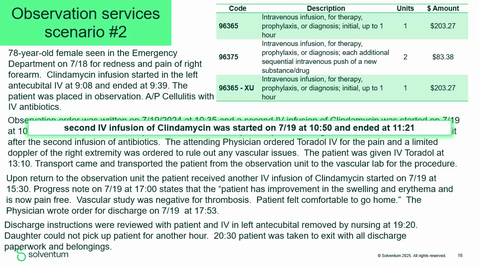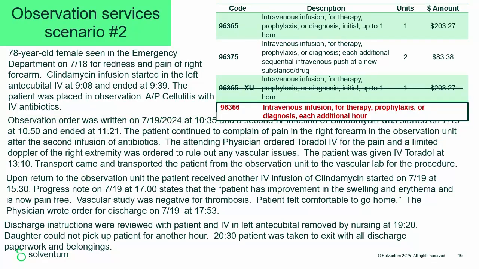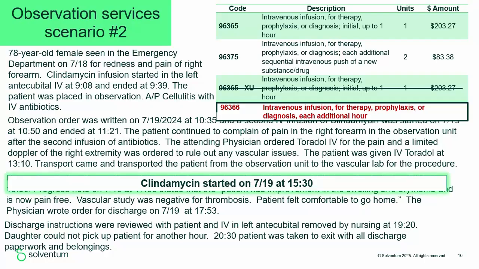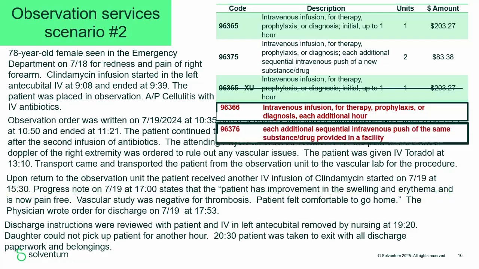Therefore, in this case, we would report 96366 for an additional hour of that same drug, and the 96365 XU would not be appropriate here. The third infusion started at 15:30, but we do not have a stop time. And since there is no stop time, we would have to report 96376.